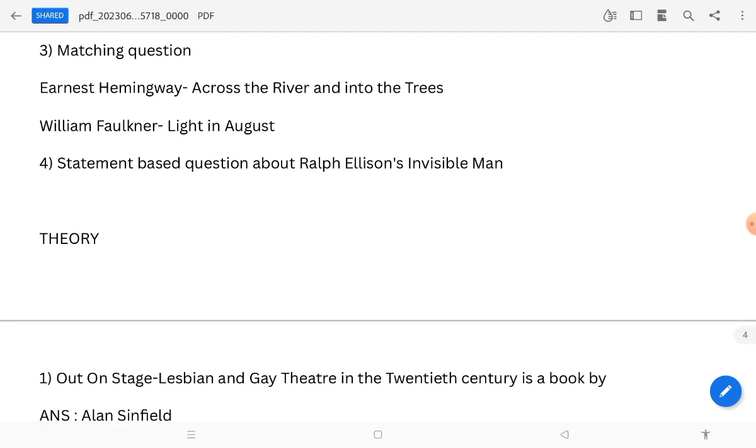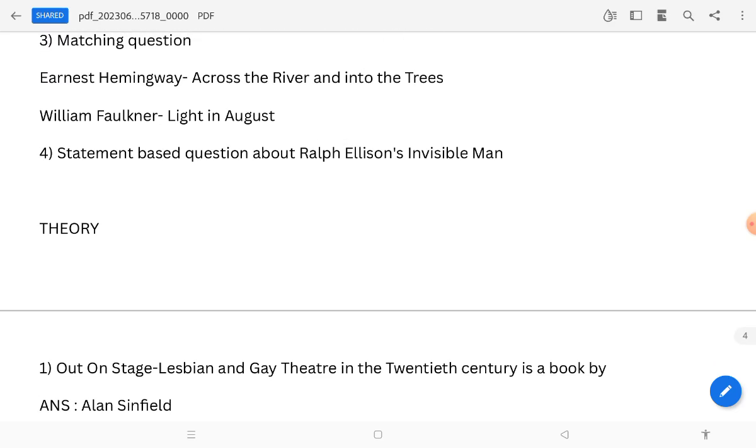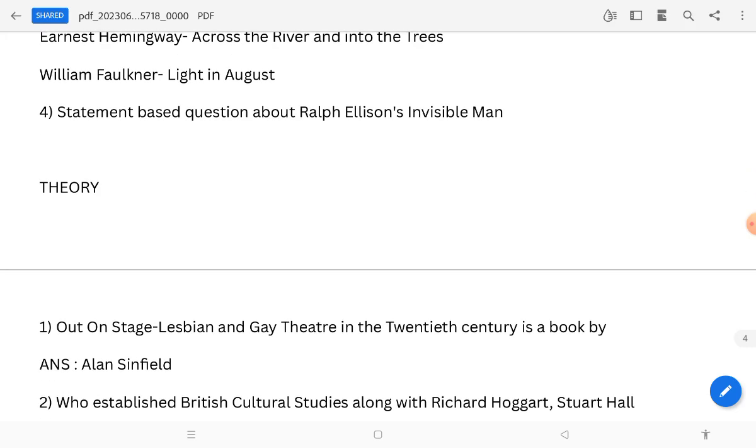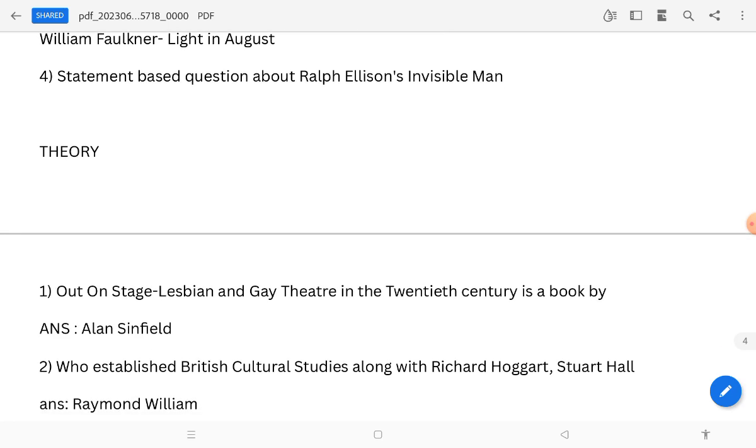William Faulkner, Light in August. William Faulkner is very important. In both shifts they asked questions from him. Then a statement based question about Ralph Ellison's Invisible Man.